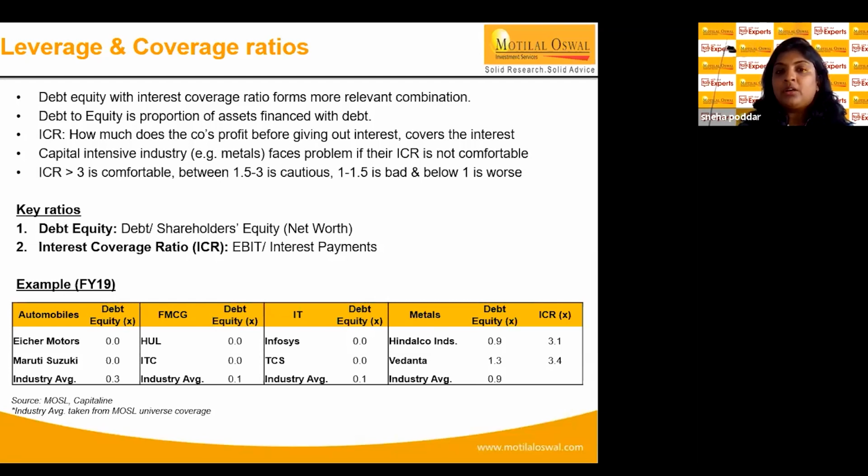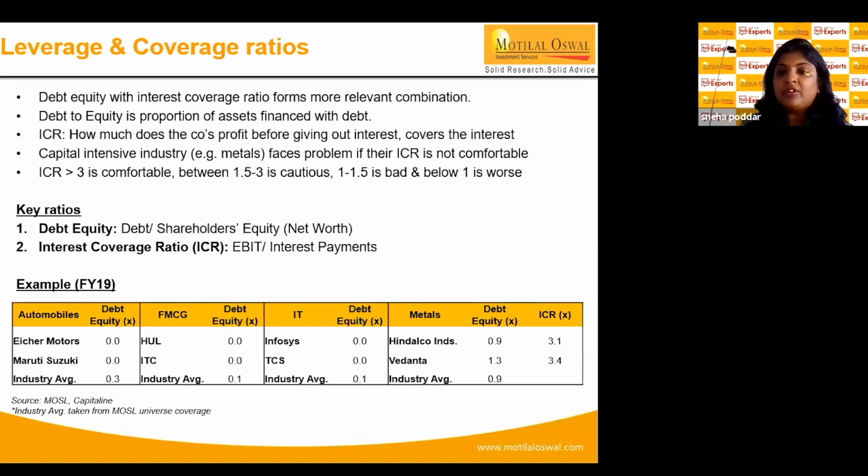So a ratio between 1 to 2 is a little alarming. But if it's two and beyond, around three or plus, then it's a very healthy sign, because even if the revenue gets affected to a certain extent, and thus your profit, you would still be in a comfortable position to at least service your interest.